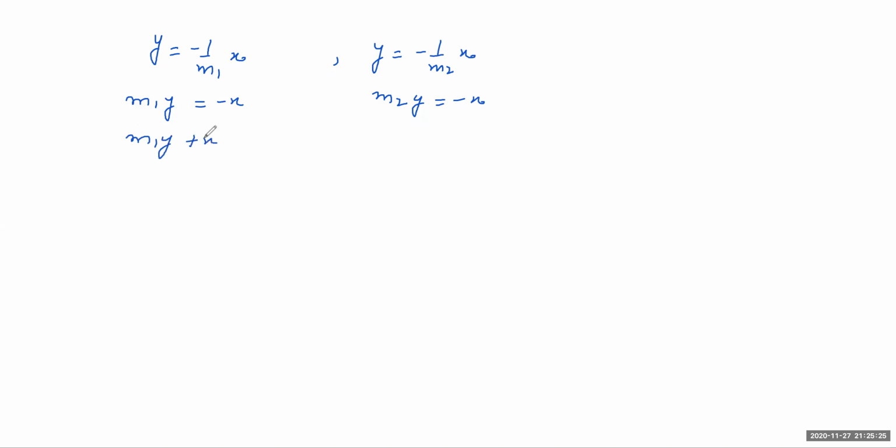With a little adjustment, this becomes m1y plus x equals to 0 and m2y plus x equals to 0.